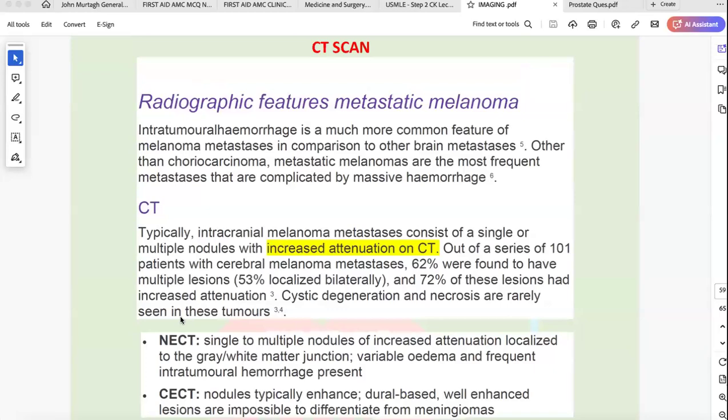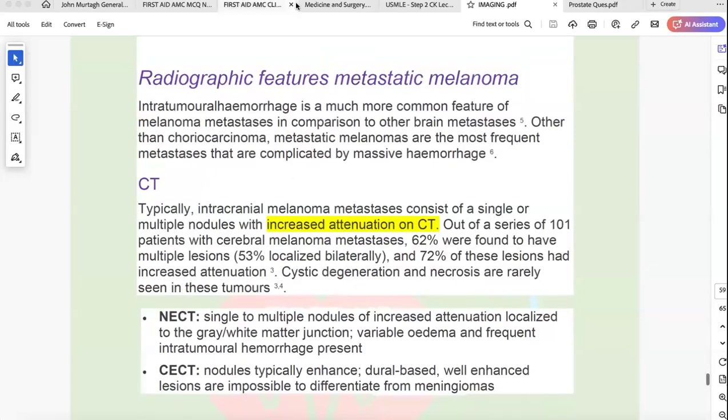Okay, moving on to CT scan of the brain. When we discussed neurology, we discussed a little bit about the subdural hematoma and the epidural hematoma. So those are very important CT findings for the brain.